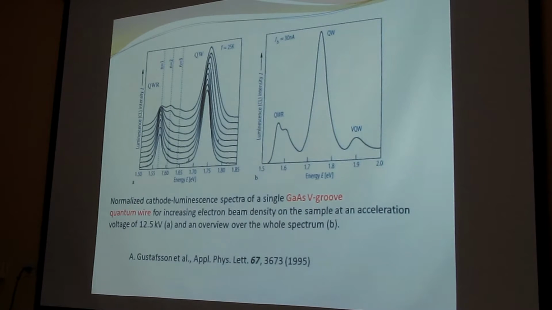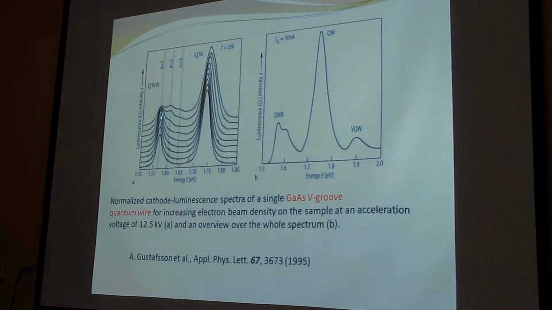Density of states we had already. Now this is such a V-groove example, and this is an overview of the luminescence, and as I told you, you see the luminescence from the quantum well on the surface, from the quantum well in the groove, and strange enough at the lowest energy the quantum wire, where you have a thicker material and the electron and holes cannot escape sidewards.